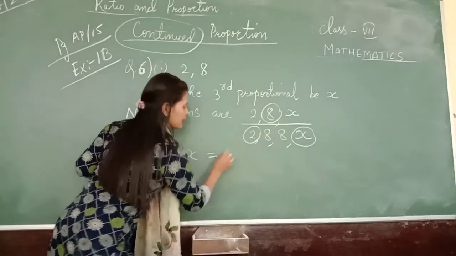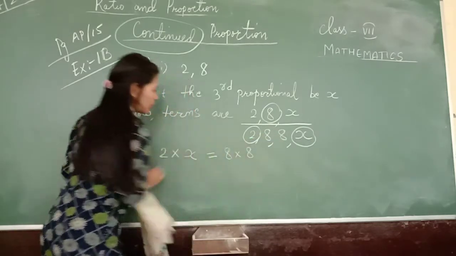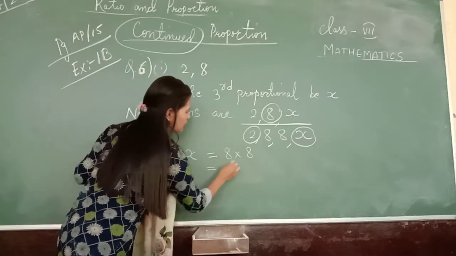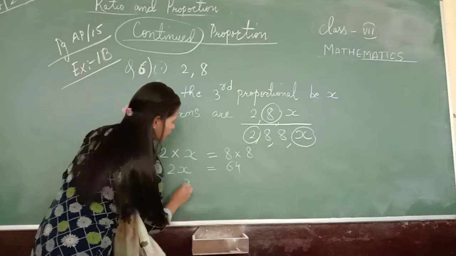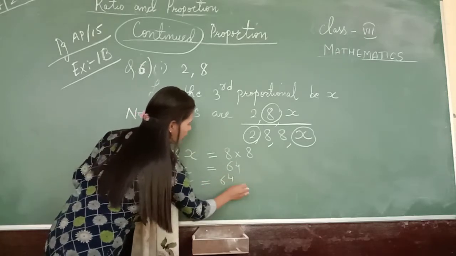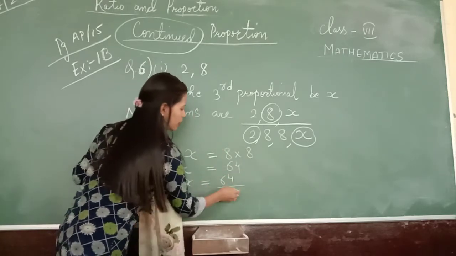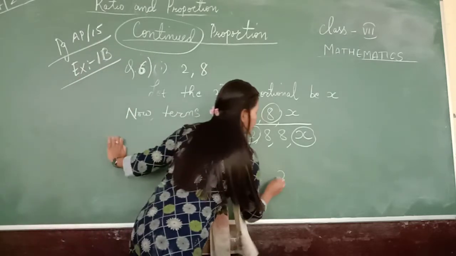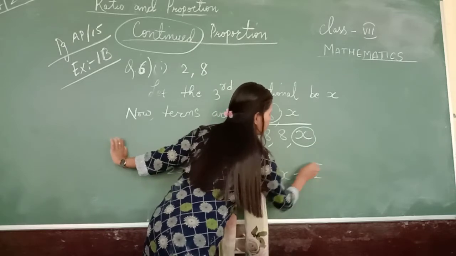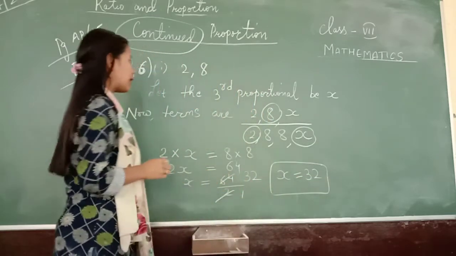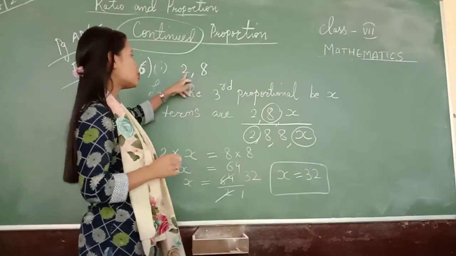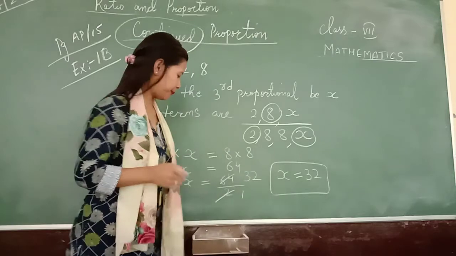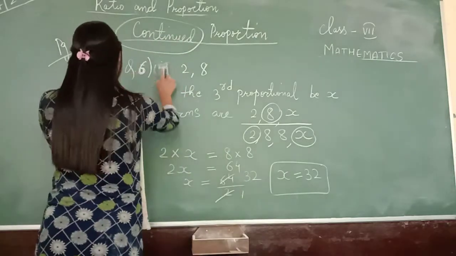These two are the means, that is 8 into 8. So 2 into x is 2x, that is equal to 8 8s are 64. So x will be equal to 64 by 2. Let us divide. 2 1s are 2, 2 3s are 6, 2 2s are 4. So our value is x equals 32. So you can conclude your answer by saying the third proportional to 2 and 8 is 32. Okay, is that clear? Let me take one more example.